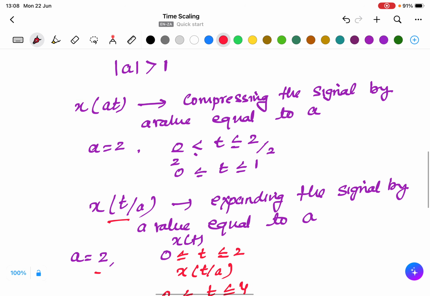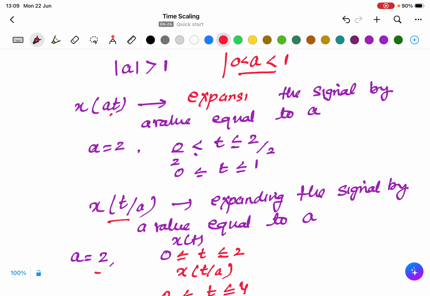if a is less than 1, then this condition will reverse. Less than 1 means it's between 0 and 1, and because we are taking the negative side also, the same thing will happen. So if x of at is there, then the signal will expand.